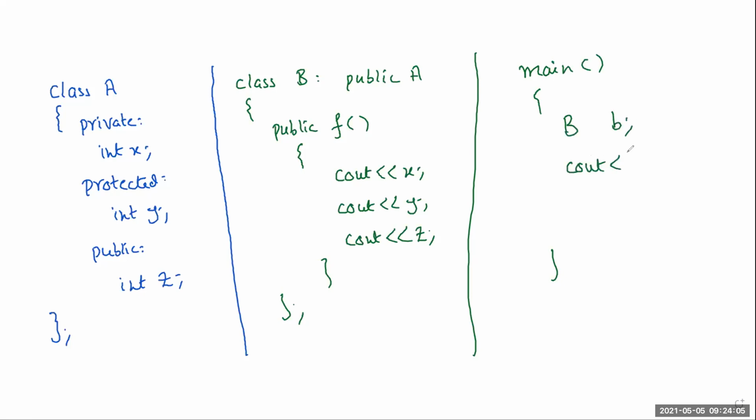And now I will write cout b dot x, cout b dot y, cout b dot z. Yes, can you now tell me which of these are valid? And I'm talking about the main. Okay, so which of these three statements are valid and which will give me an error? Just think and let me know.